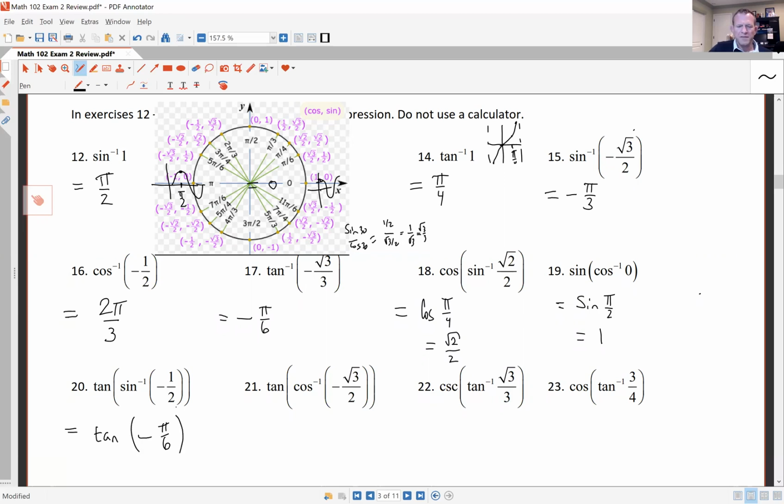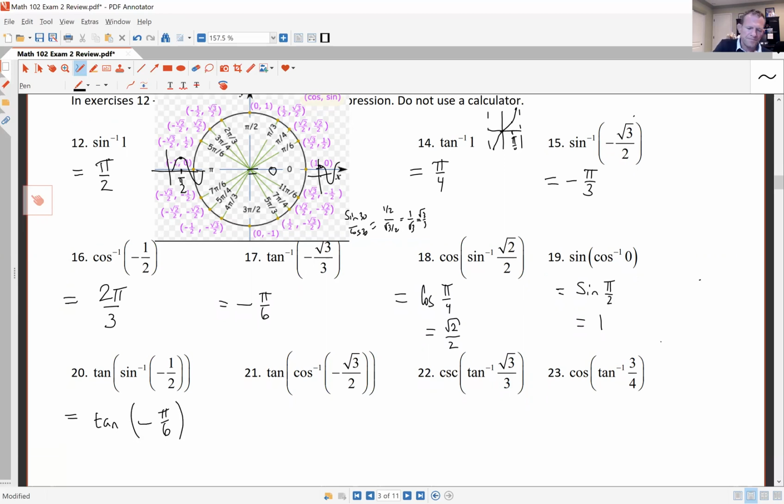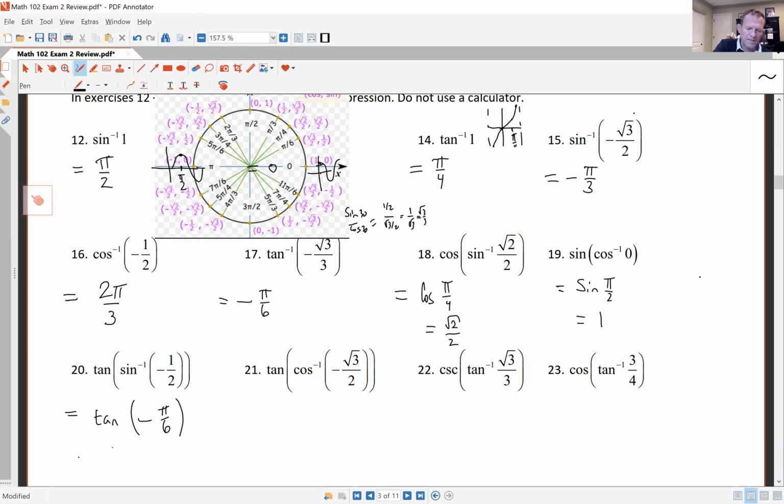The tangent of negative pi over 6, well, I think of this as sine of negative pi over 6 first, and then cosine of negative pi over 6. Well, we just did sine of negative pi over 6. We did it backward a bit ago, just the inverse sine of negative 1/2, so it brings us back to negative 1/2.